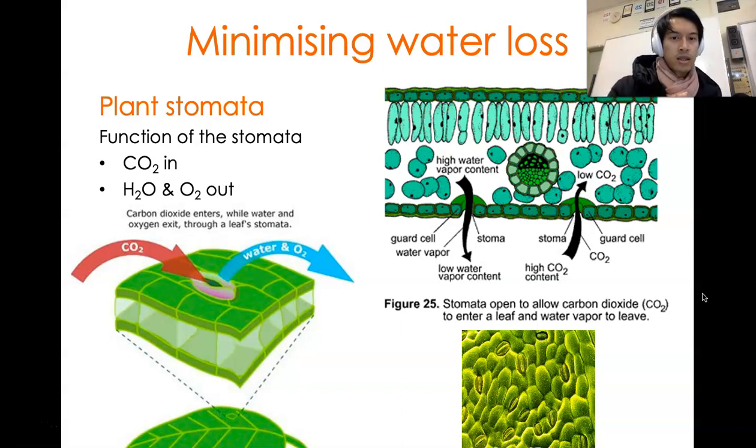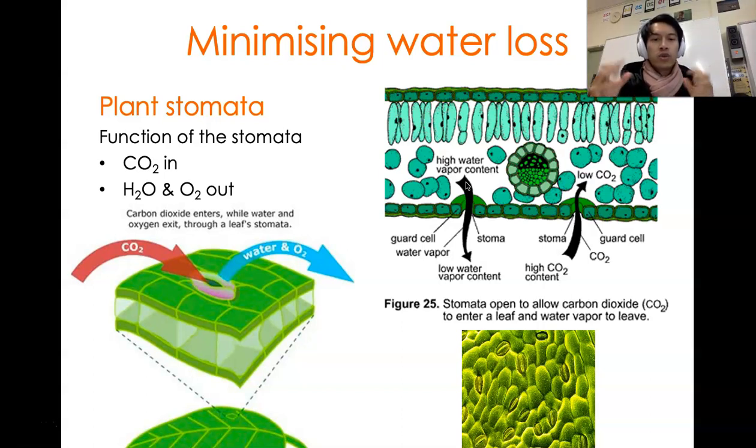Whenever the guard cells on either side of the stomata open, it opens up the opening, the stoma, or the hole that allows the movement of these gases. That gas exchange process means that the photosynthesis process is running.